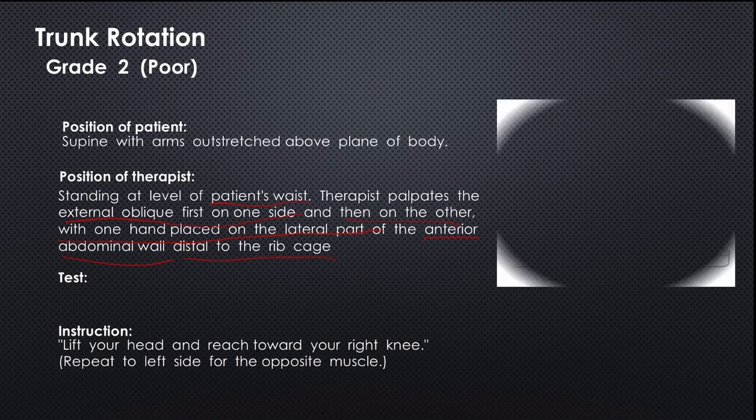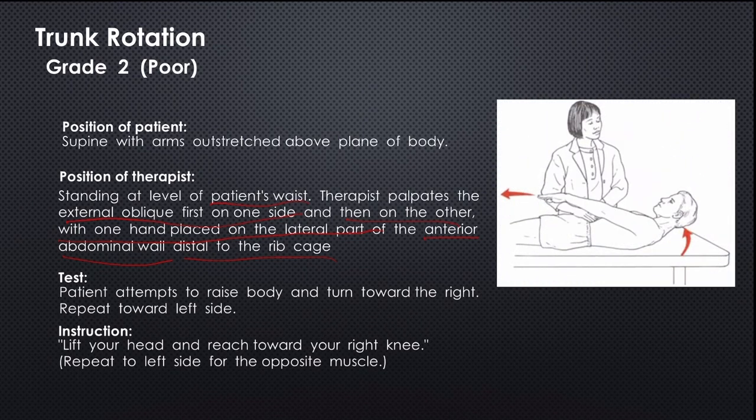Test: patient attempts to raise the body and turn towards the right. So it's like this. You're palpating the muscles here on the abdominal region, and the instruction is lift your head and reach toward your right knee. Then on palpation, there's palpable contraction and partial movement.